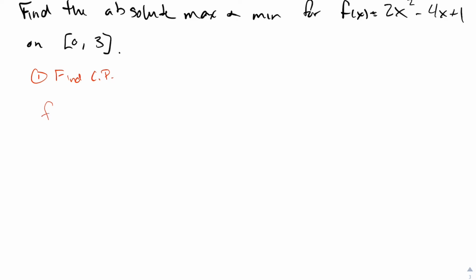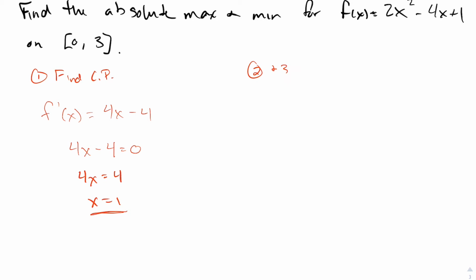To find our critical points, we take our derivative. Our derivative is 4x minus 4. We set our derivative equal to 0 and solve for x. 4x is equal to 4, x is equal to 1. This is our critical point.